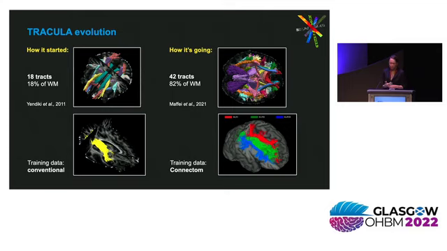And this is an example of what the SLF 1, 2, and 3 look like in one of those manually annotated subjects. Our goal here was to use these high-end data to obtain the training data for Tracula, so that Tracula can then reconstruct the same tracts accurately in lower-end data that can be acquired in regular scanners.